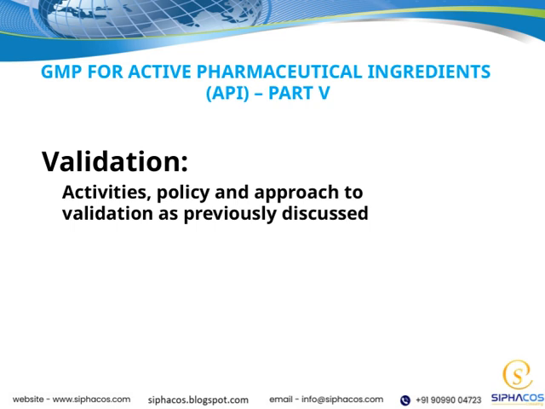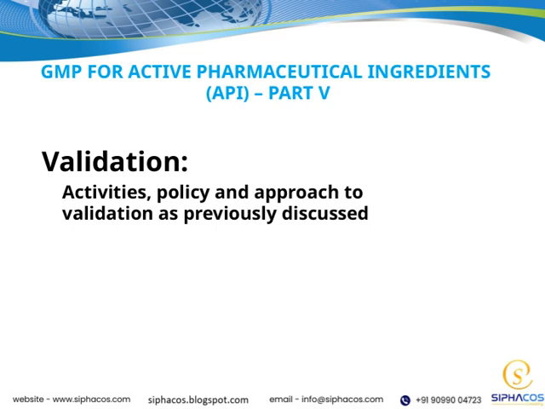Moving on to GMP for active pharmaceutical ingredients, or APIs, this is part V of our series. Here, the focus is on ensuring that every step in API manufacturing complies with good manufacturing practices. Validation in this context is especially important because APIs are the core components of medicines, and their quality directly impacts patient safety.